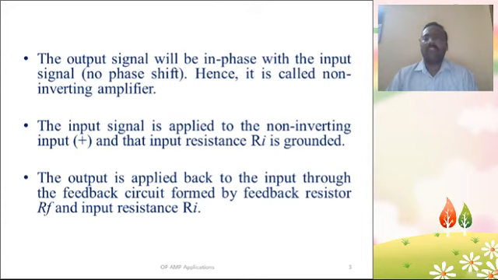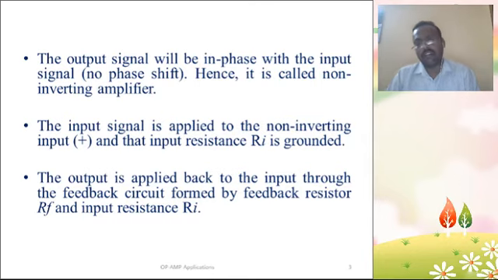The output signal will be in phase with the input signal. In this case, there is no phase shift. Hence, it is called non-inverting amplifier. The input signal is applied to the non-inverting input, and the input resistance Ri is grounded.